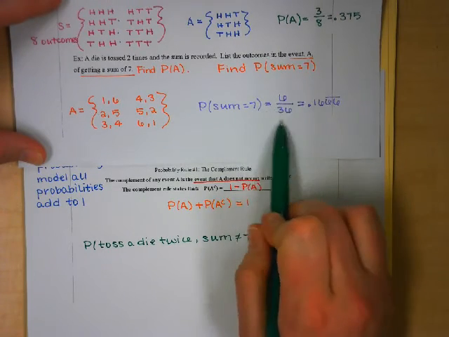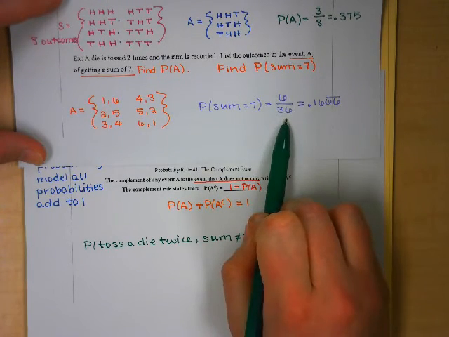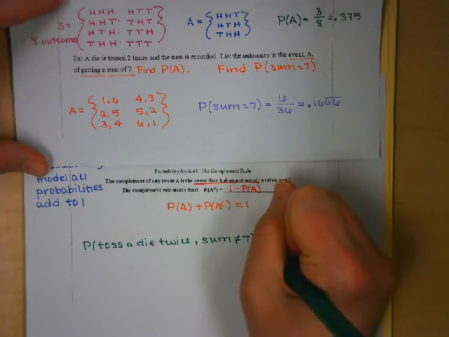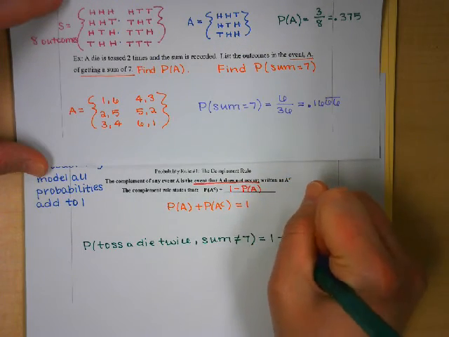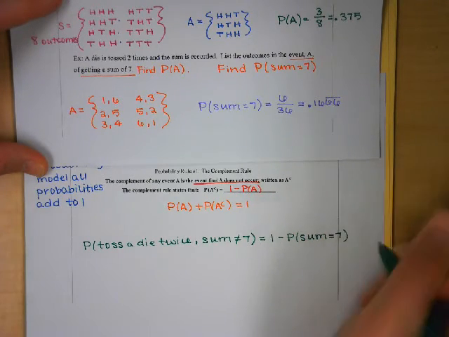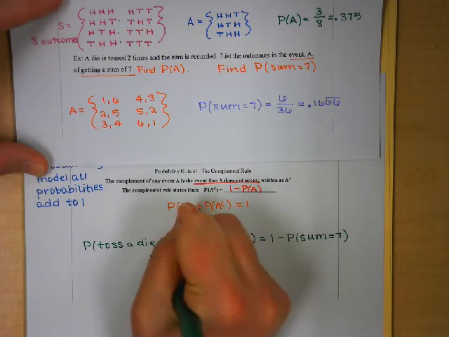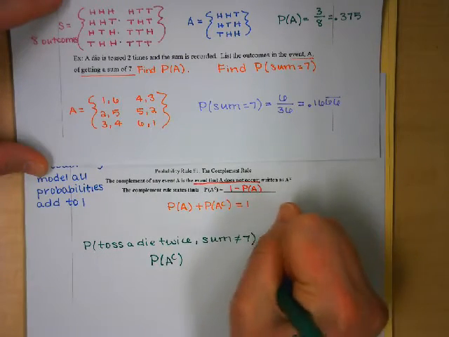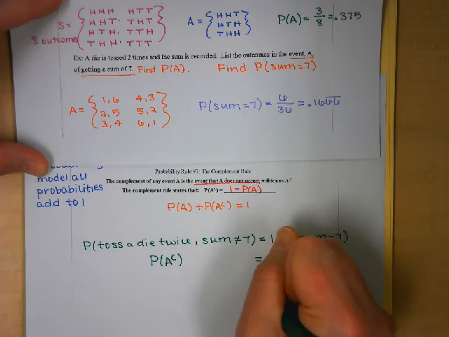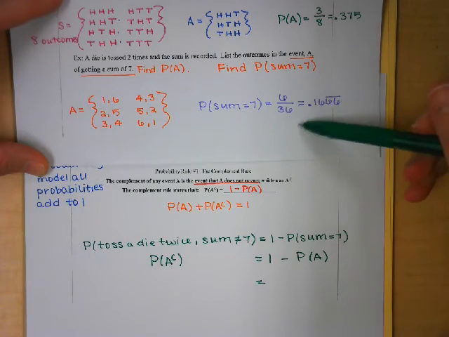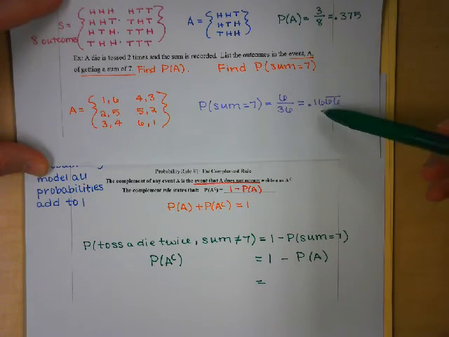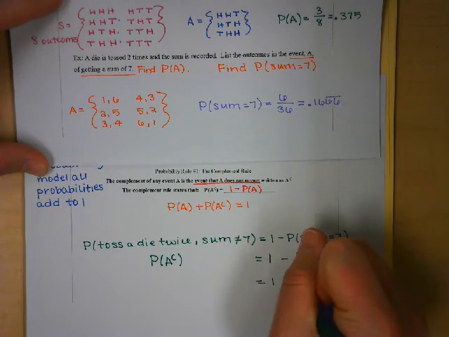So since we know the probability the sum equals 7, to find the probability that the sum is not 7, we can do 1 minus the probability the sum equals 7. So this would be the probability of A complement, and this would be 1 minus the probability of A. We know that the probability the sum equals 7 is 6 over 36, or 0.1666 repeating.